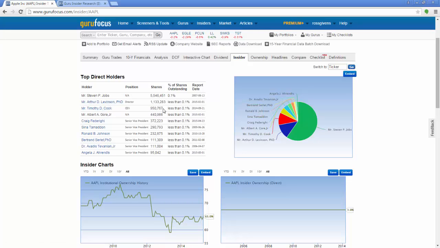He owns right around 1 million shares at $130 a share or so. That's a pretty substantial portfolio. He's been in the position since 2010, 2012, something like that, and he's already got a $100 million portfolio just of Apple. So if you see Tim Cook buying more shares, you see what I'm saying here? It's more substantial.